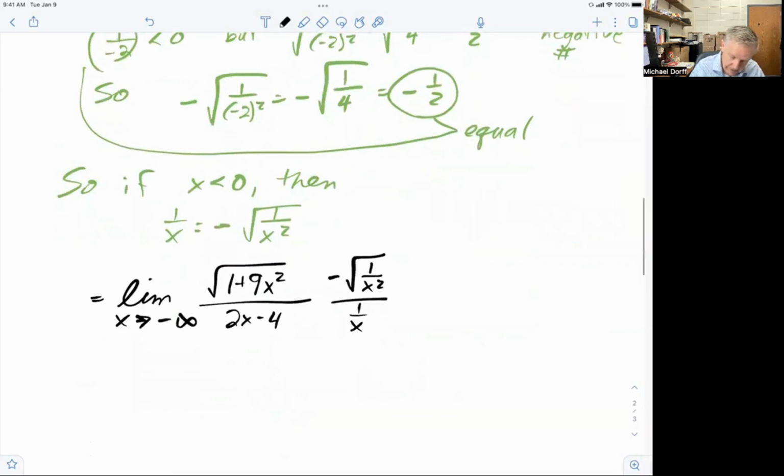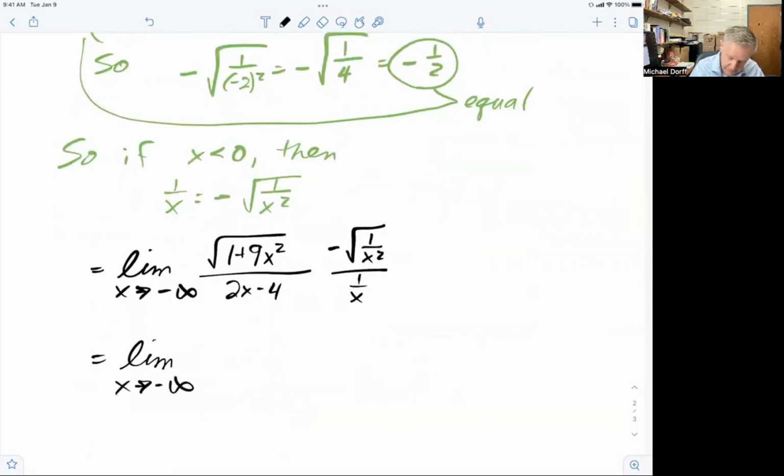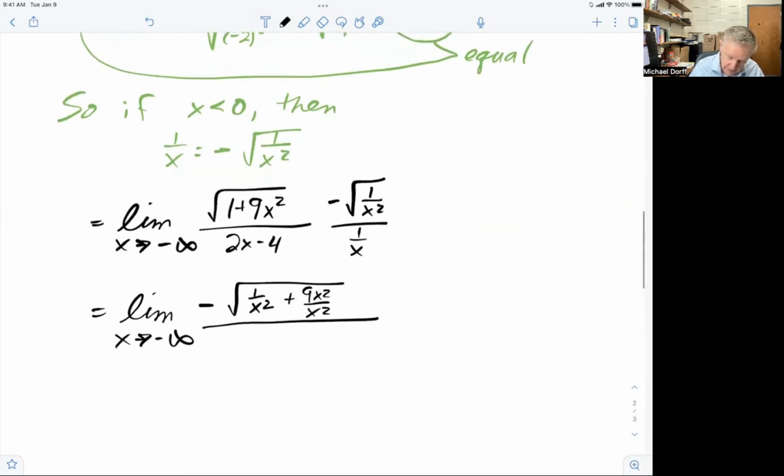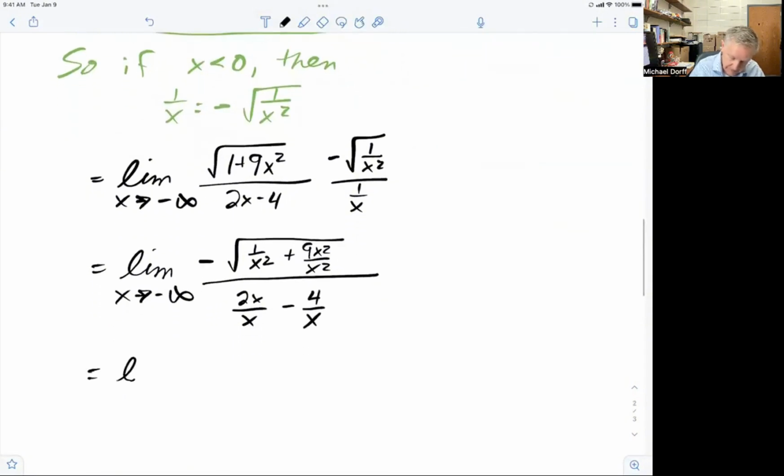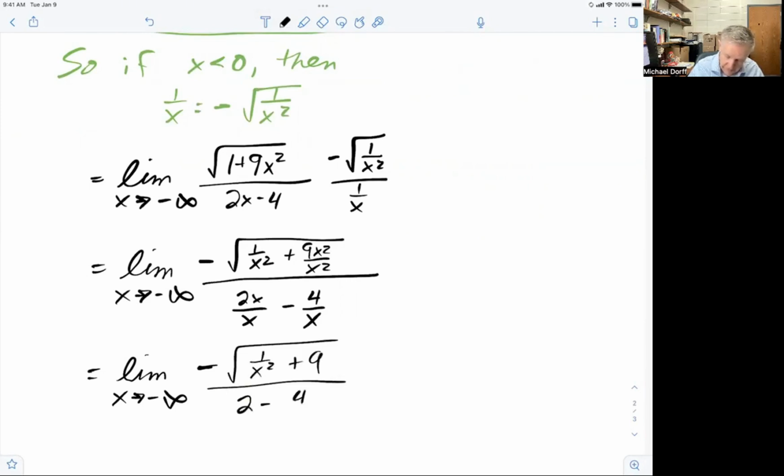So when we do that and we bring those numbers in here, we're going to get a negative square root of 1 over x squared plus 9x squared over x squared in the numerator. And in the bottom we have 2x over x minus 4 over x. If we simplify that, we have the limit as x goes to negative infinity of negative the square root of 1 over x squared plus 9, over 2 minus 4 over x.